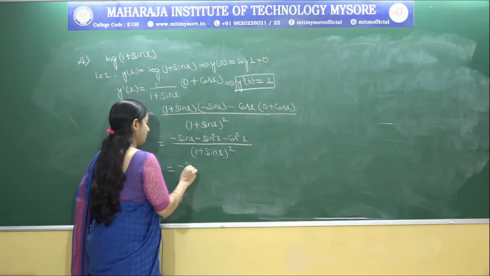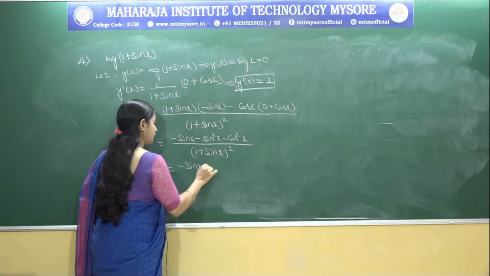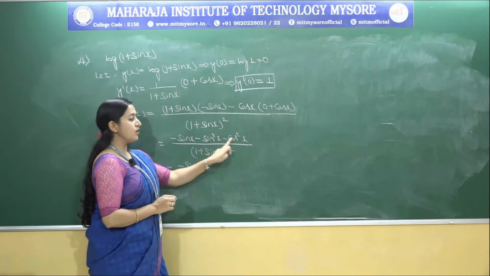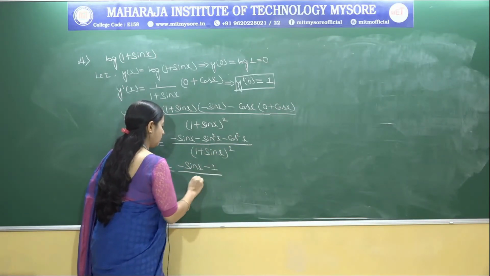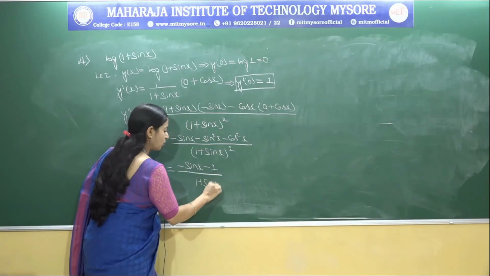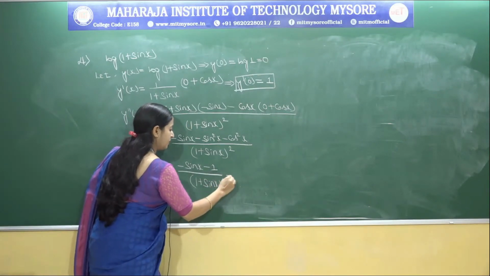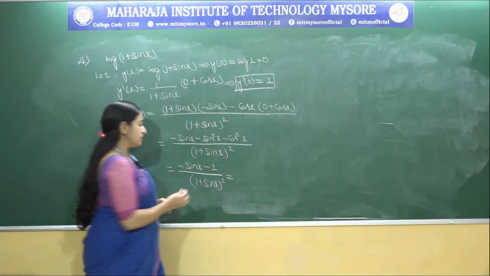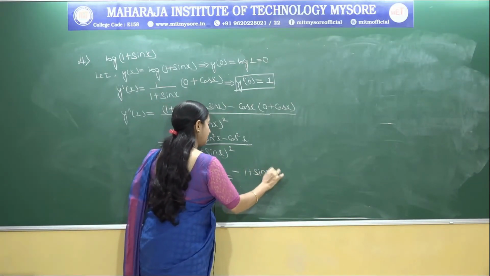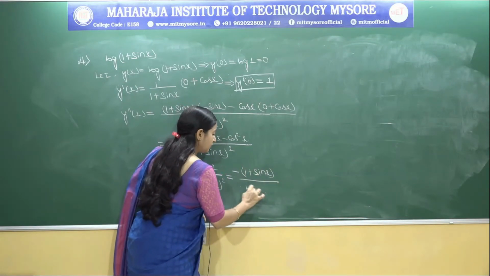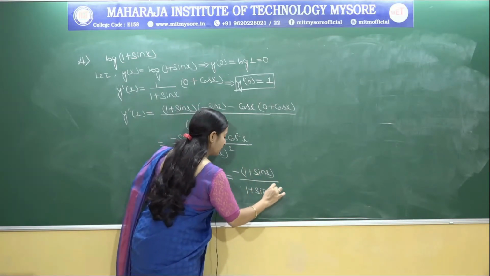So we will get the term minus sin x. If you keep the negative sign outside, sin square plus cos square is 1, denominator 1 plus sin x whole square. This equals, taking the negative sign outside, 1 plus sin x, denominator 1 plus sin x whole square.